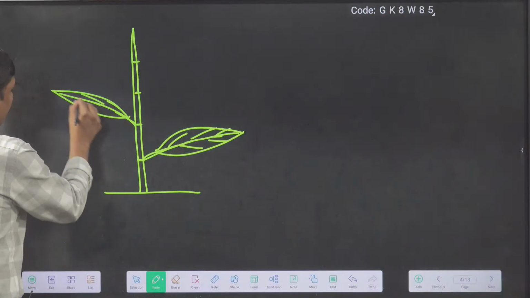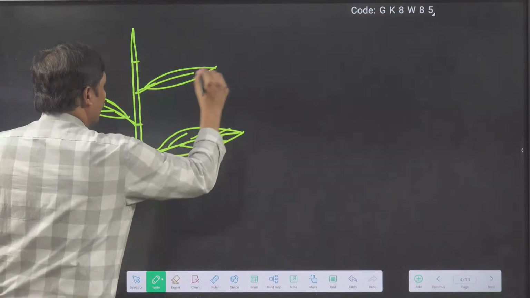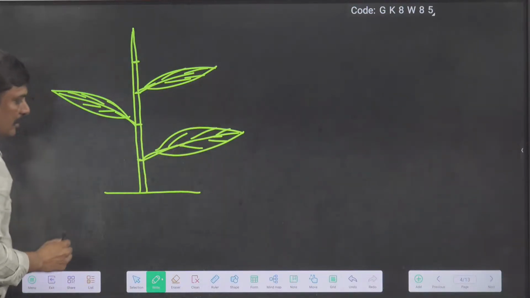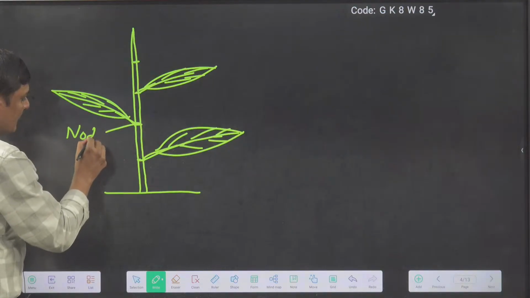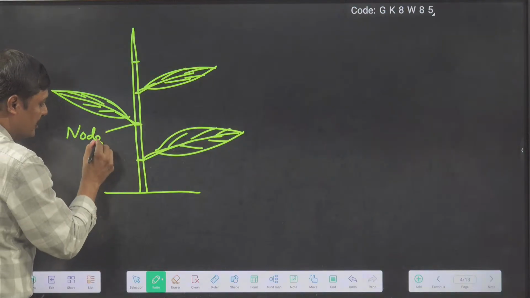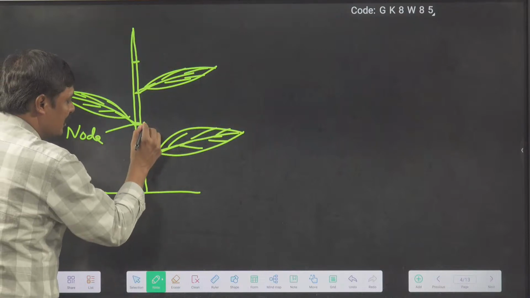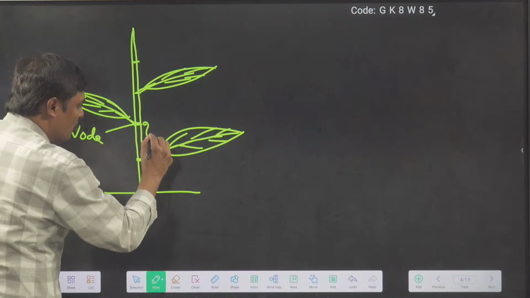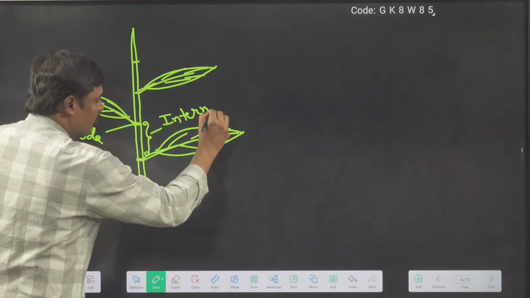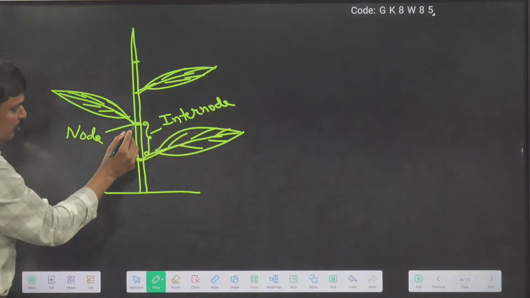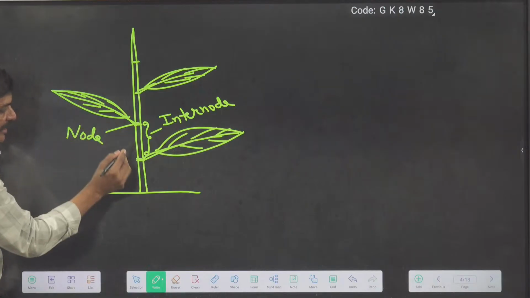Okay? Right. So this is node. A node is a place where leaf arises. The portion between the two nodes is called internode.